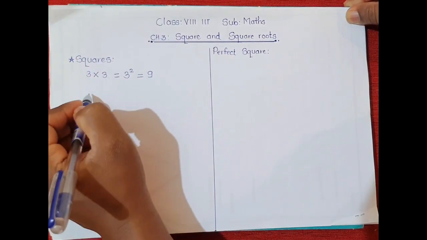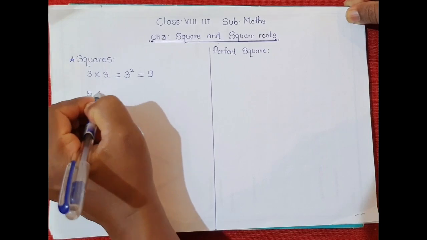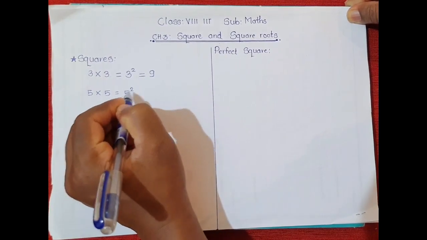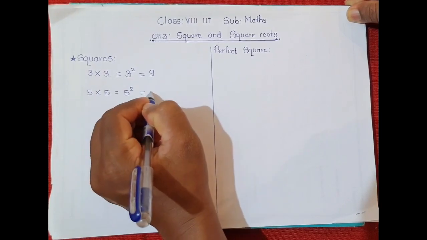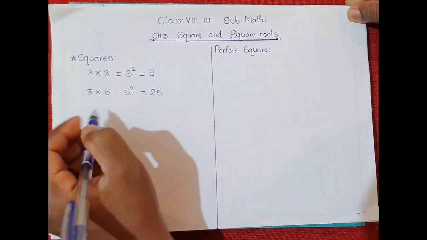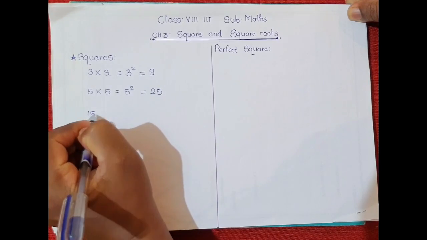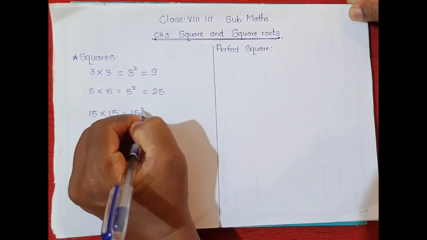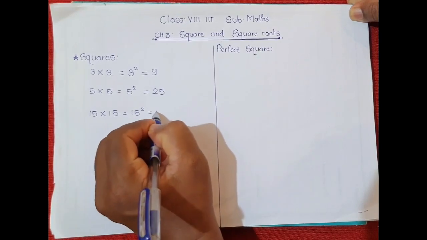Okay. Or 5 into 5, that is 5 is multiplied 2 times, that's why 5 raised to the power 2, and it is equal to 25. 15 into 15, that is 15 raised to the power 2, which is equal to 225.